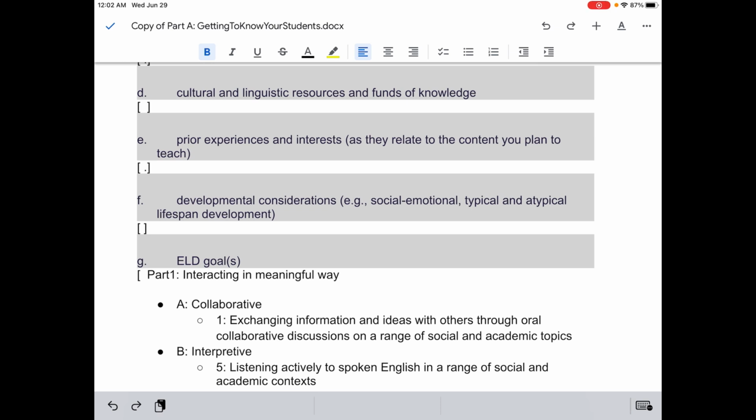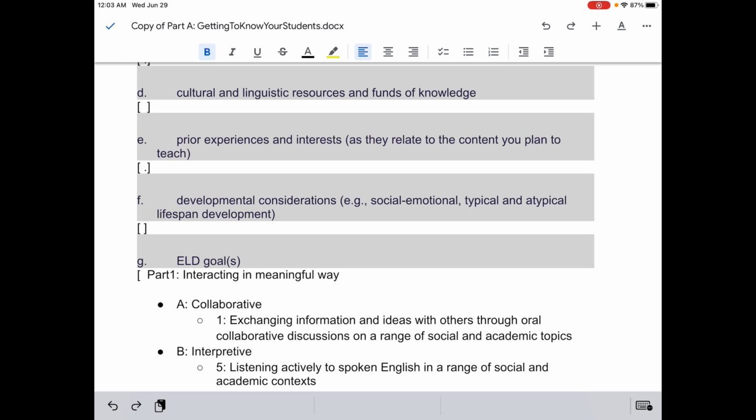And for this section, I talked about how after having a one-on-one conversation with my master teacher, I got to understand that focus student 1 works best by being alone sometimes, and he does not have any developmental considerations. This is personal information that you should talk to your master teacher about if you're a student teacher, or if you're the teacher, then you already know this information.